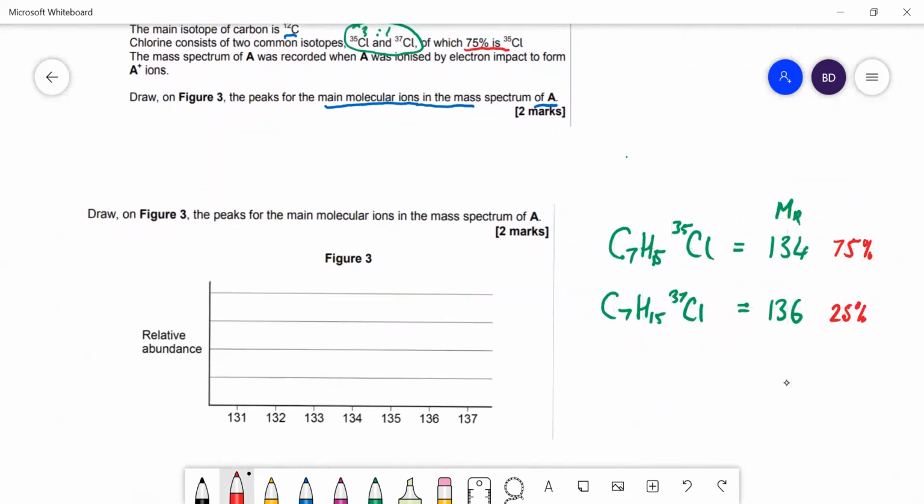And the one at 134 is going to be 3 times higher than the one at 136. So we'll draw that, and we have got 134 and 136 is there.